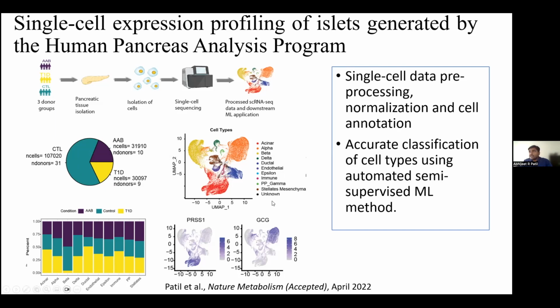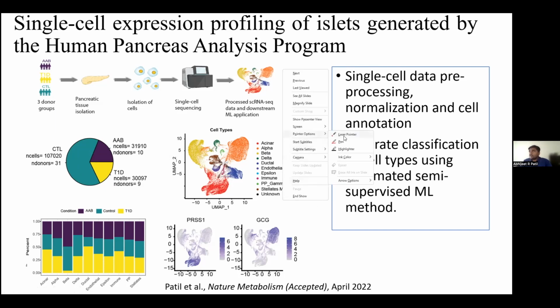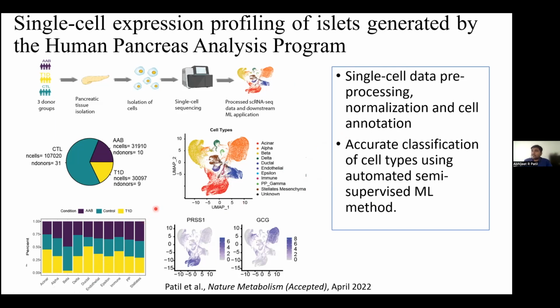Since this is an automated, semi-supervised method, we thought of checking if the annotation was right. So we pulled up the distribution of these donors across the different cell types. If you see this plot, in the type 1 diabetes state the beta cells should be less, and we saw the same thing in this plot, where beta cells are low.